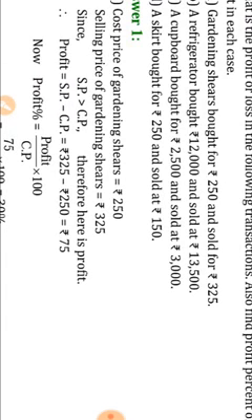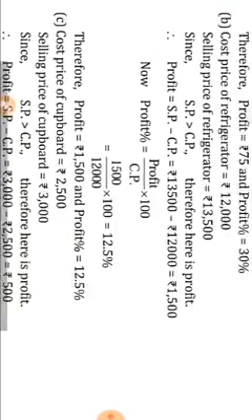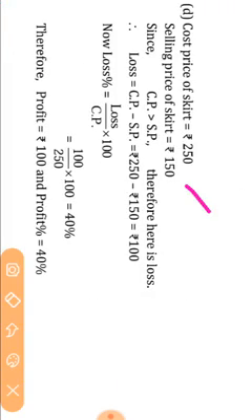Third one I'll show. A cupboard bought for rupees 2,500 and sold for 3,000. It is also a profit. I'll show the fourth one. A skirt bought for rupees 250 and sold for 150. See, cost price of the skirt is 250, selling price of the skirt is 150.